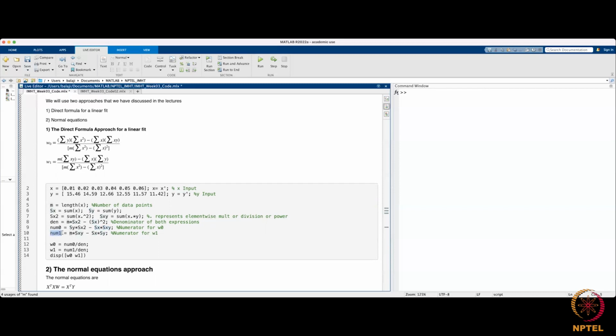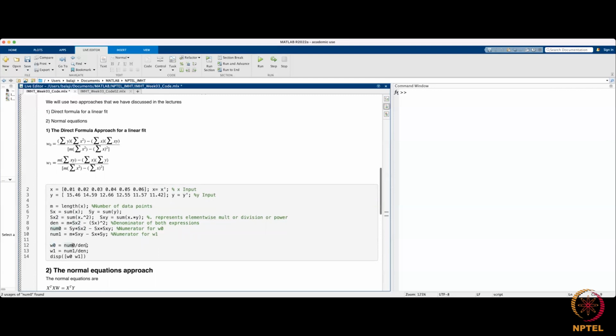Similarly, the numerator of W1 is m times sigma xy minus sigma x multiplied by sigma y. So these two are calculated. And at this point, I evaluate W0 as numerator 0 by denominator and W1 as numerator 1 by denominator.